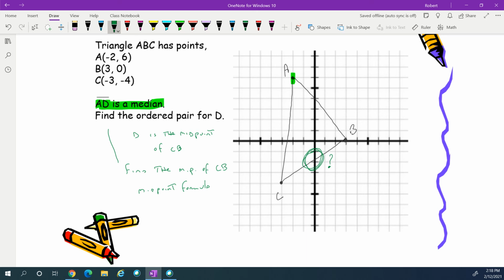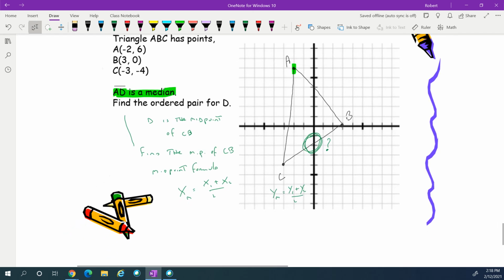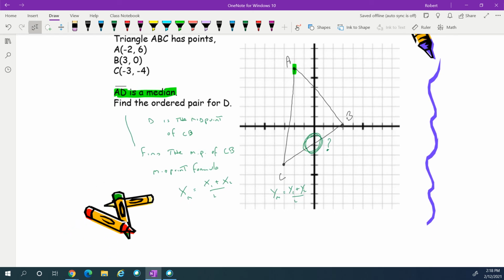Midpoint formula: the x of the midpoint equals x1 plus x2 over 2. And the y of the midpoint equals y1 plus y2 over 2. We're using points B and C. Just going to make a little room here. So call one of them point 1 and the other one point 2. And we're just going to plug it in.